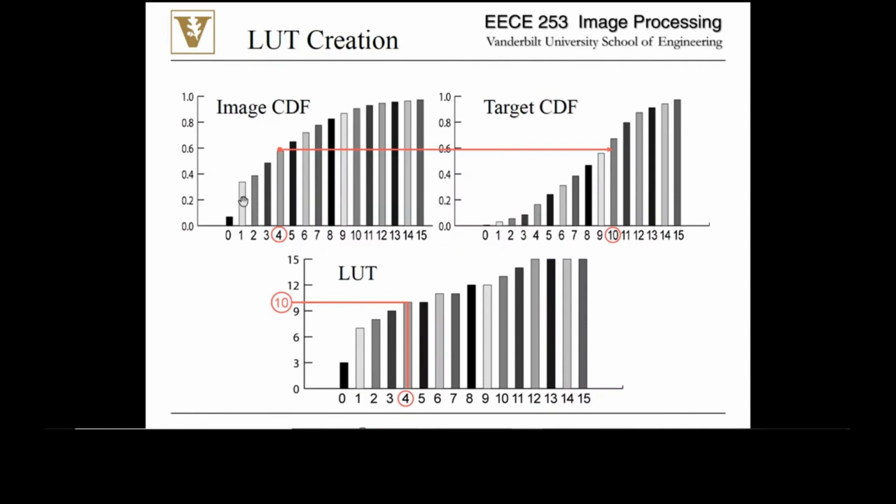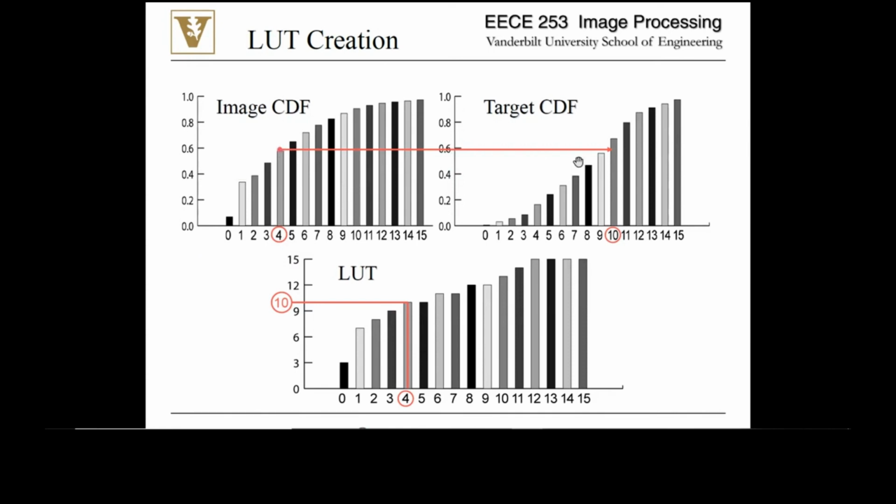So, for instance, this is the input image cumulative distribution function. This is the target cumulative distribution function. And then you have to make this matching. So, for instance, how many values are below or equal 4 in the input image? You have 60.